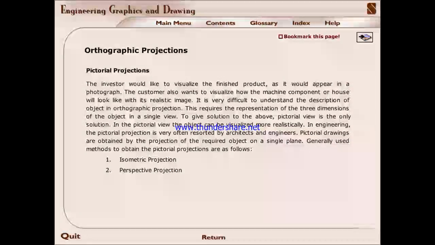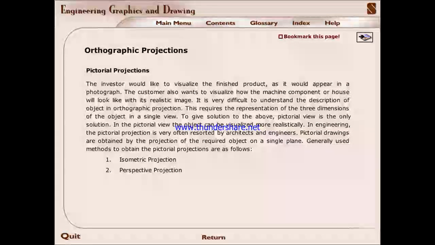The customer also wants to visualize how the machine component or house will look with its realistic image. It is very difficult to understand the description of an object in orthographic projection.